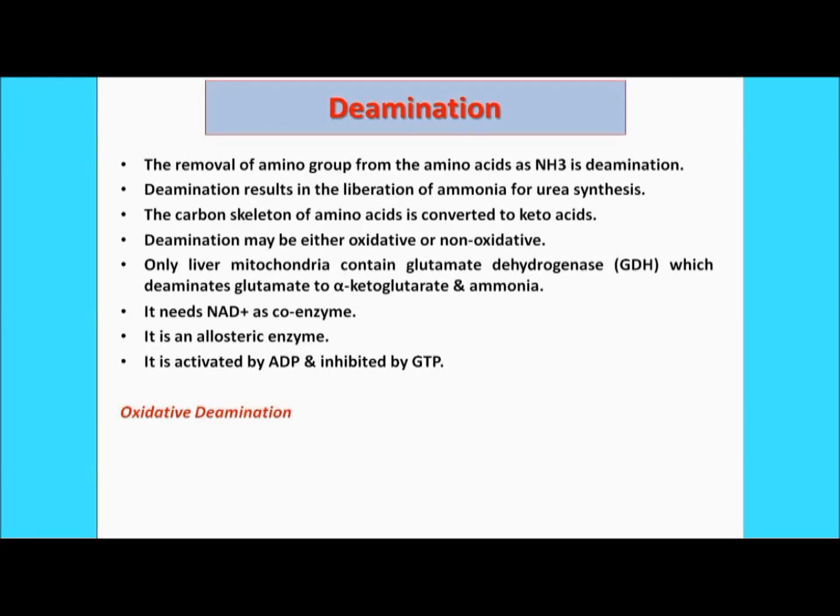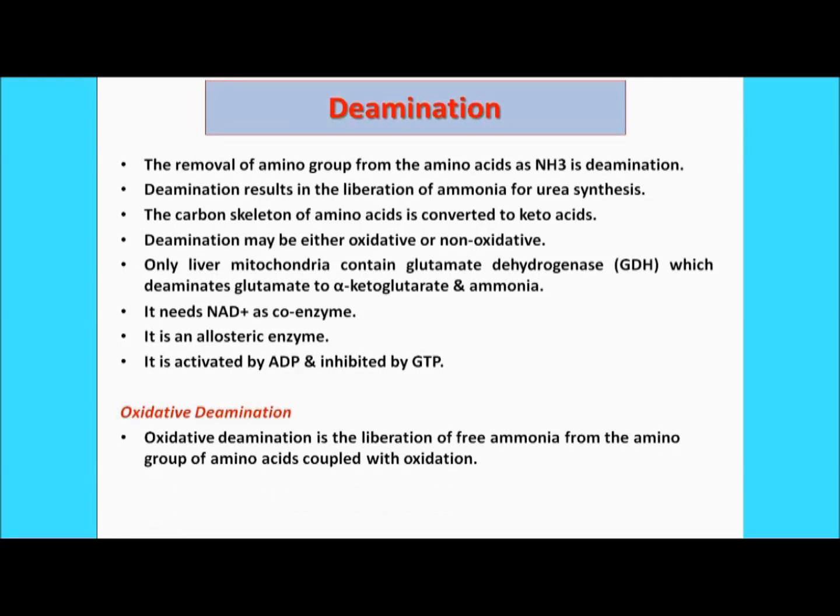Now oxidative deamination. In oxidative deamination, you should know that it is the liberation of free ammonia. Here the free ammonia will be liberated from the amino acid, coupled with oxidation. Now this ammonia will be utilized, as I already told you, for the synthesis of urea, right? Now where is the site?